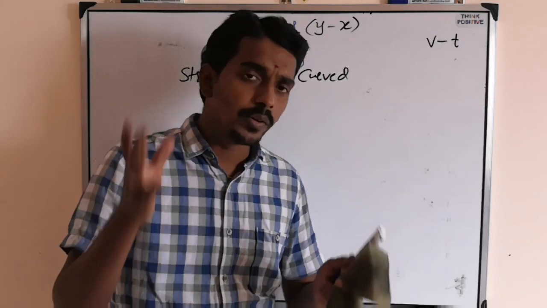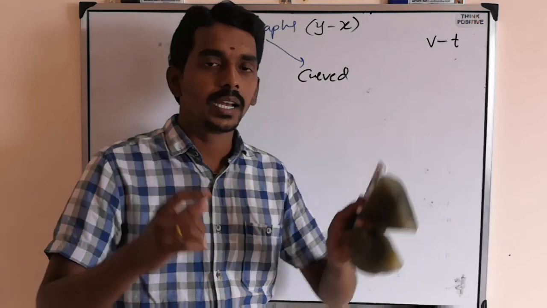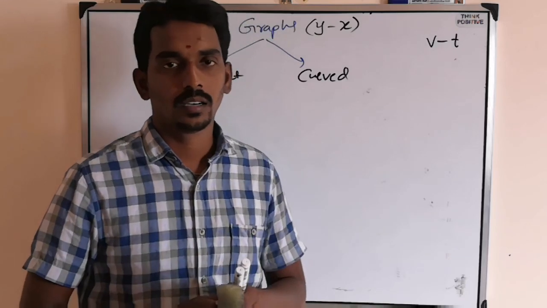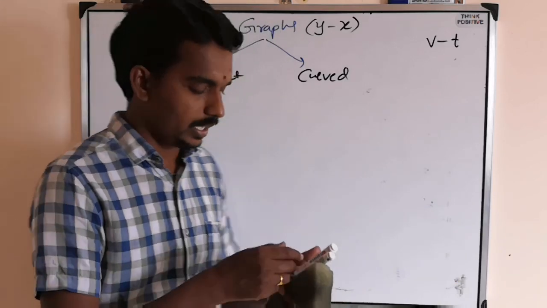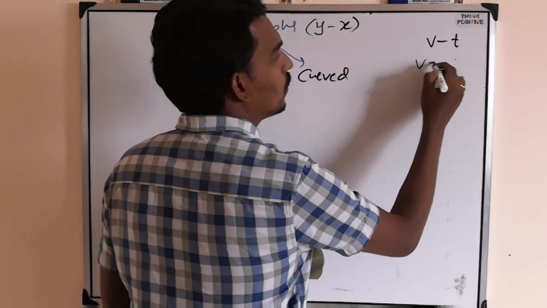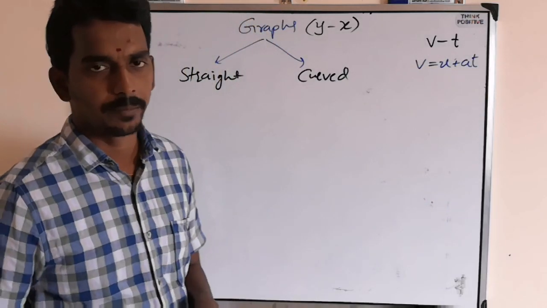When they mention a particle moving with constant acceleration, immediately you should understand that we have studied in the motion chapter the relation for uniform acceleration, v equal to u plus at.